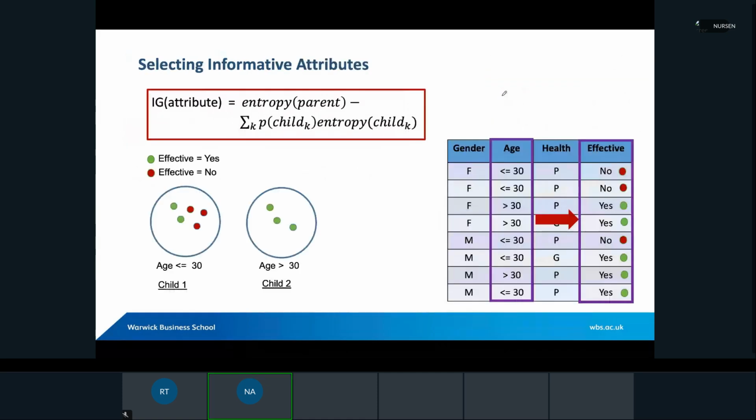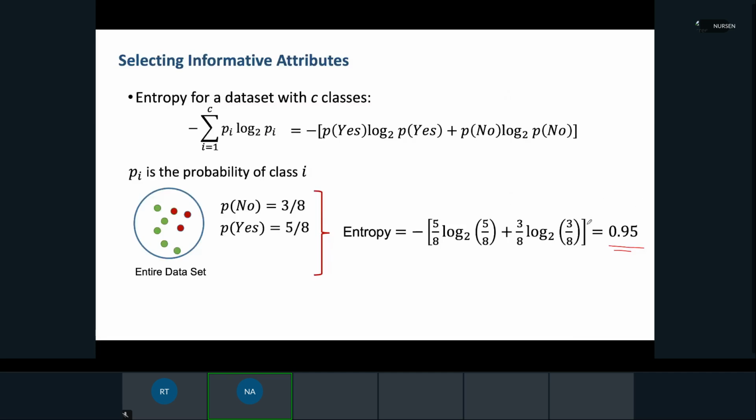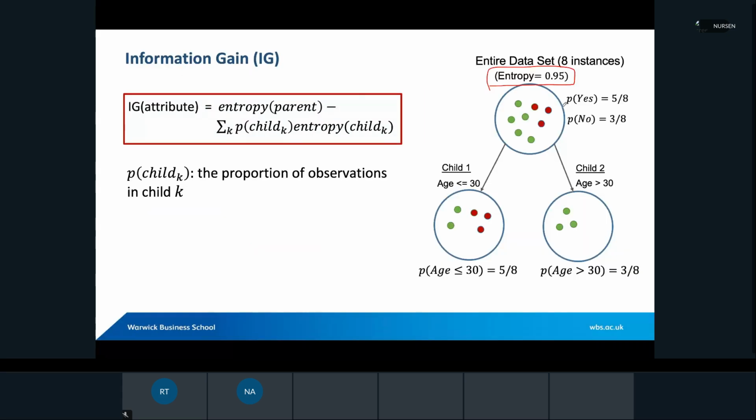If I go back to the slides, here we calculated the entire data set entropy. And now we will check, by knowing how many records we have in each child and the distribution of the target variable in these child nodes, how much age can help us to decrease the entropy.